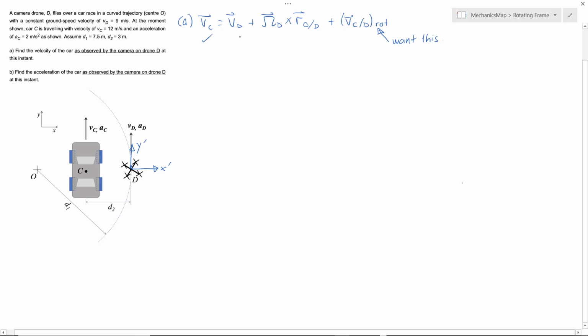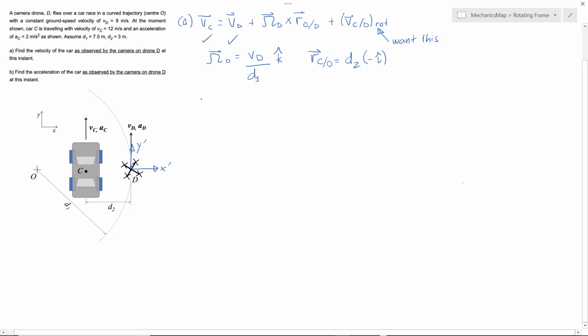We know the velocity of C, we know the velocity of D. The angular velocity of D is going to be the magnitude of the velocity divided by D1, and we can see from the direction it's in positive K. The distance, RC with respect to D, is going to be the distance D2 in the negative I hat.